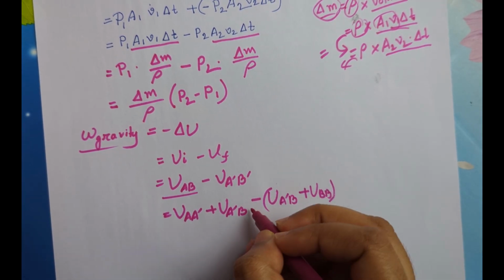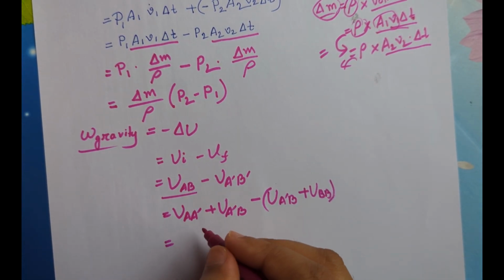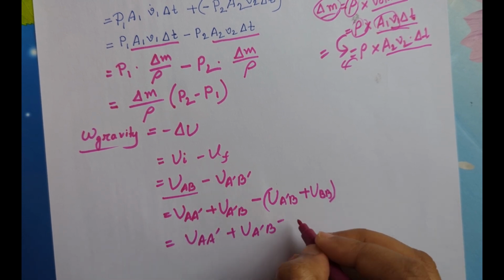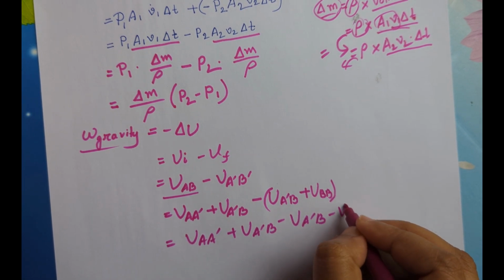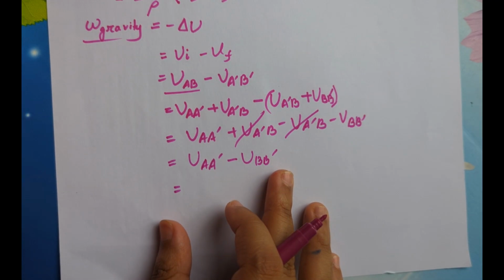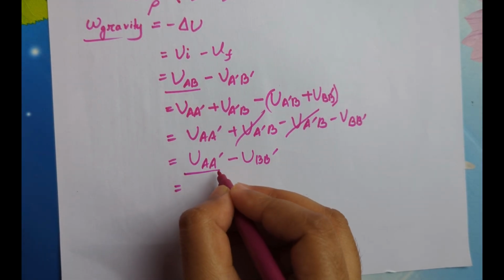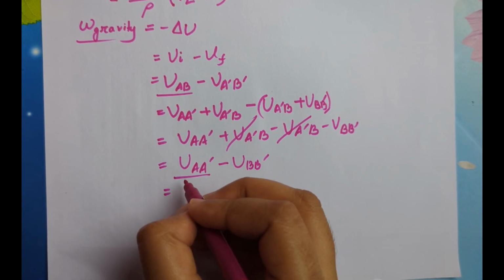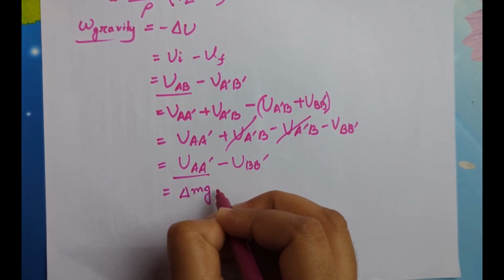We'll use a bracket as there is a minus sign. So U of A A prime plus U of A prime B minus U of A prime B minus U of B B prime. This A prime B will be cancelled out, and we will get U of A A prime minus U of B B prime, which we can write using the equation of potential energy, del m g h1.